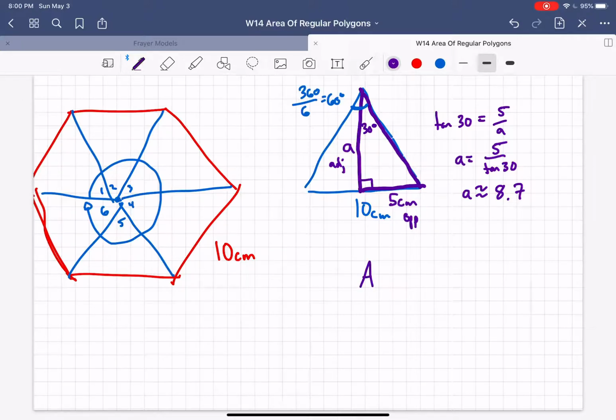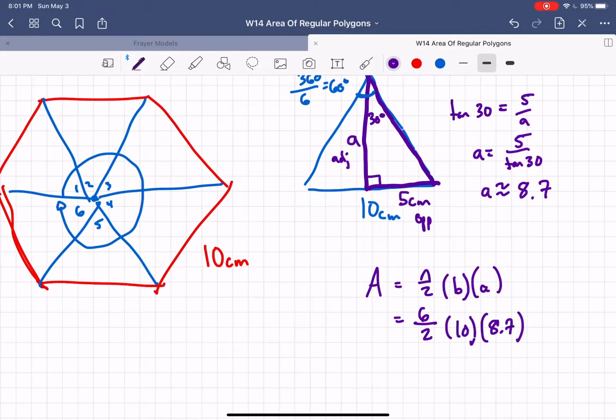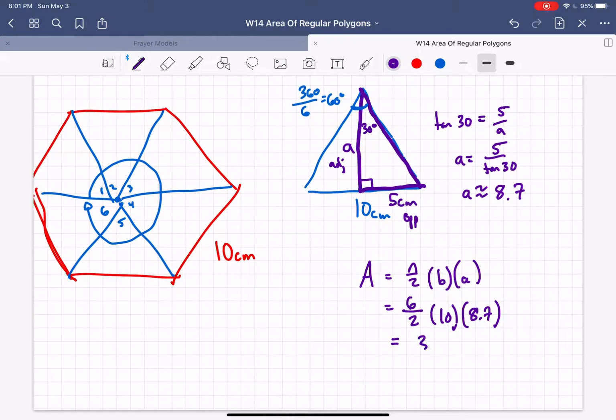So now we have our apothem, so that means we can actually use our formula, which was the area of a regular polygon was n over 2 times the base times the apothem. So it's a hexagon, so n is 6, divided by 2 times the base, which was 10, and then times the apothem, which we said was about 8.7, right? So we can do that math a little bit before we plug it into the calculator.